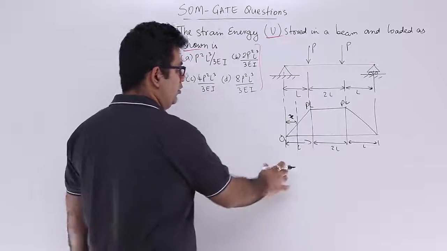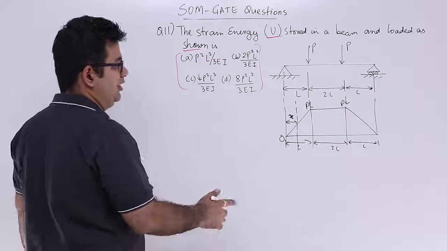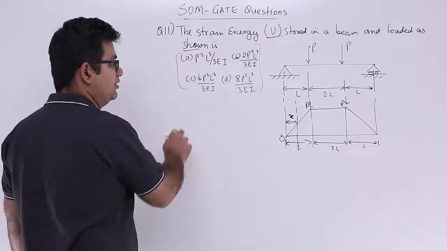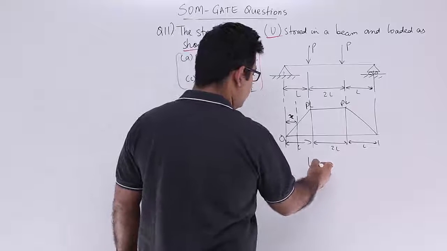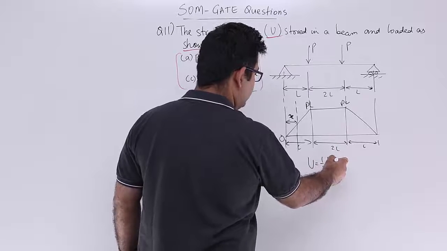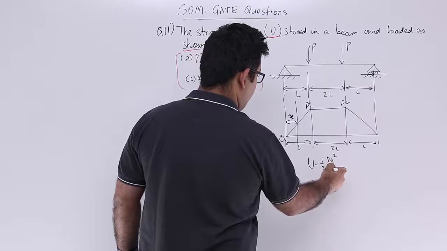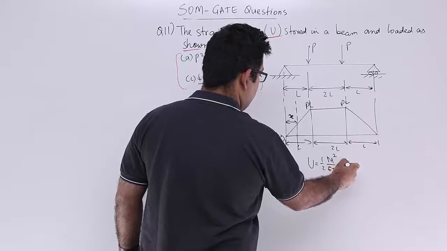Now let's equate it to the equation that we're going to use to find this value. We know that strain energy is equal to half M square upon EI dx.